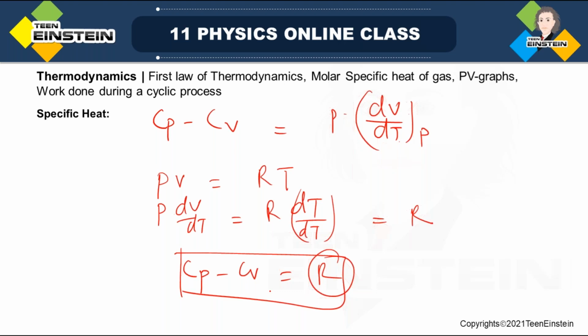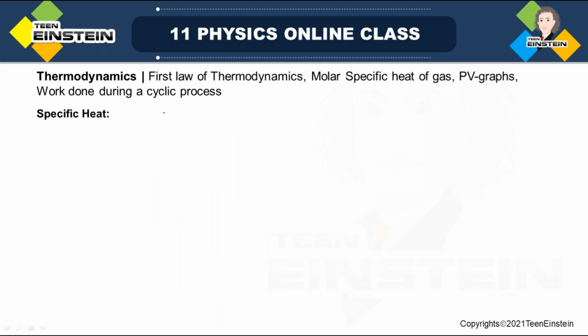So Cp minus Cv is equal to R. This is actually a universal relation. Okay, I'll write again. Cp minus Cv is equal to R. This is in the unit of work, not in the unit of heat.